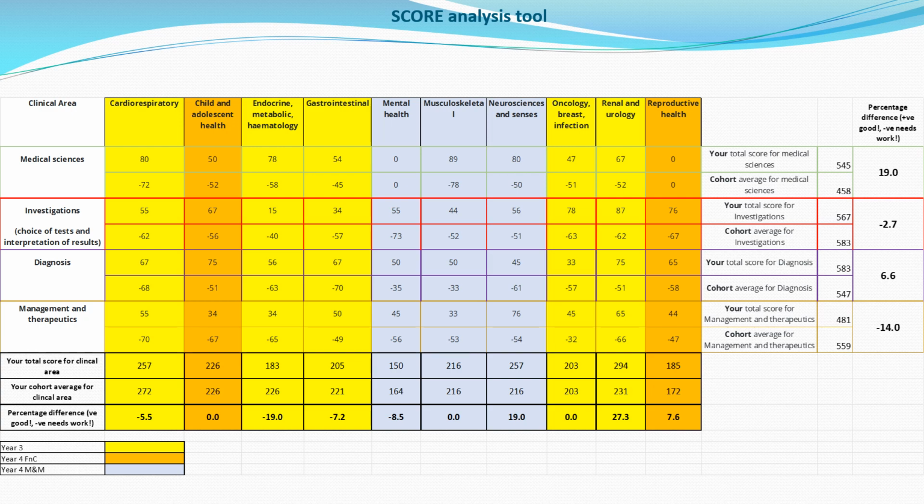That's always worth bearing in mind, because if you're looking at this individual and their M&M stuff, and they haven't done an M&M yet, then they know they've got a strength in neurosciences and senses, which is part of year 4, even though they haven't really done it. Yet they've scored well. So that's the basis of analysing your score analysis to work out how you're going to respond to it.